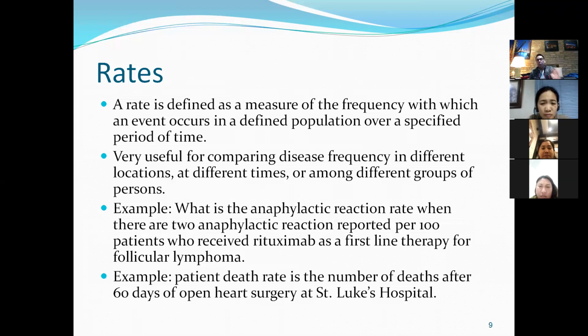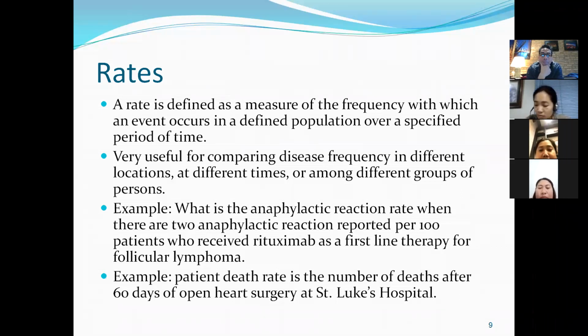And the answer is 2 per 100 patients treated, because the definition is a measure of the frequency with which an event occurs in a defined population. So the defined population here are the follicular lymphoma patients on first-line therapy over a specified period of time. So that is what rates is all about.